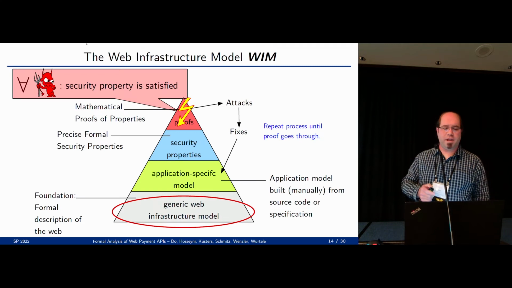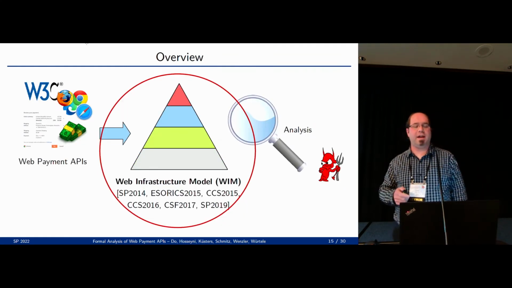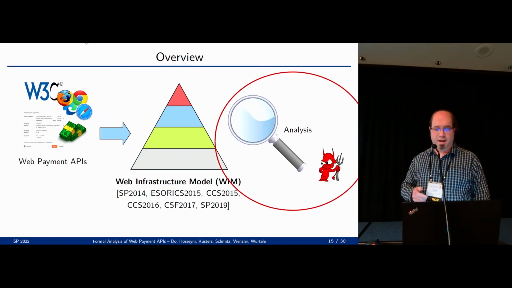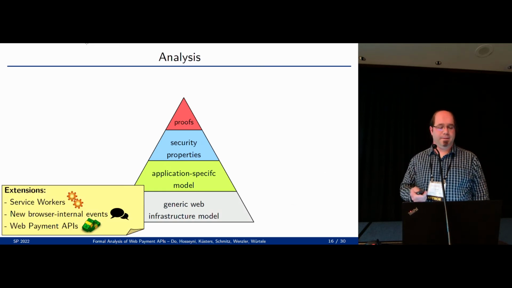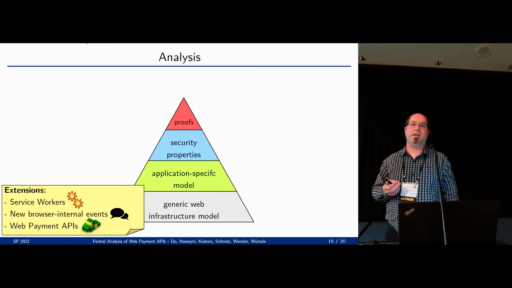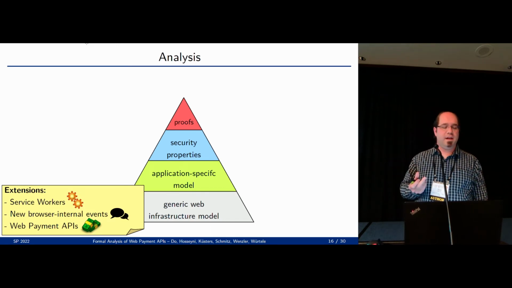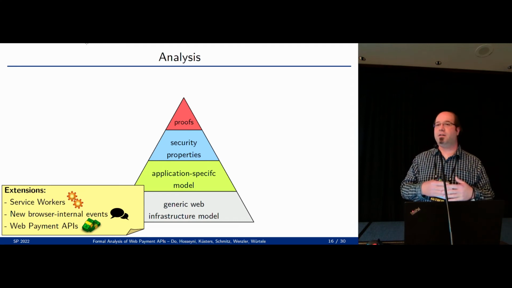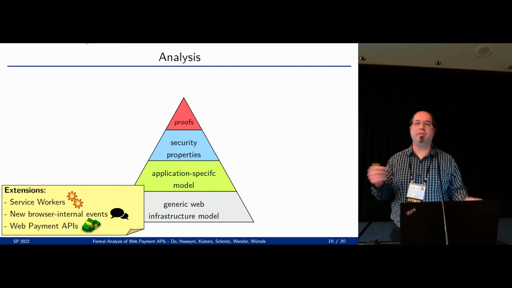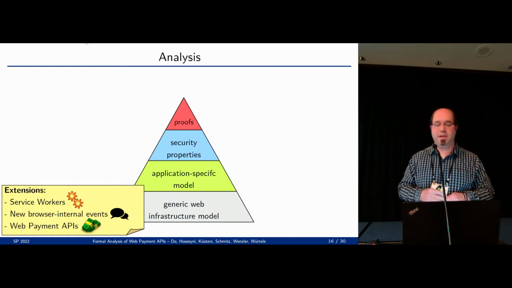So how do we use the WIM now to analyze the web payment APIs? So first of all, we need to include the features that are used in web payment in our generic model. So we have to extend this part of the WIM, most notably the browser. So we include a new feature to facilitate service workers and also browser internal events to communicate with these service workers.